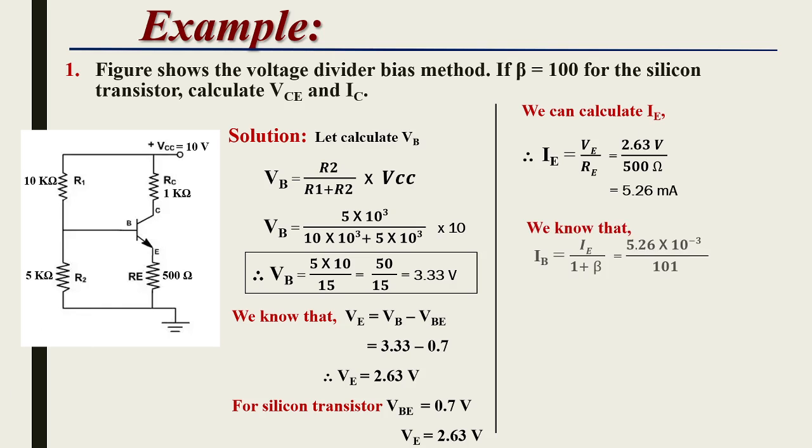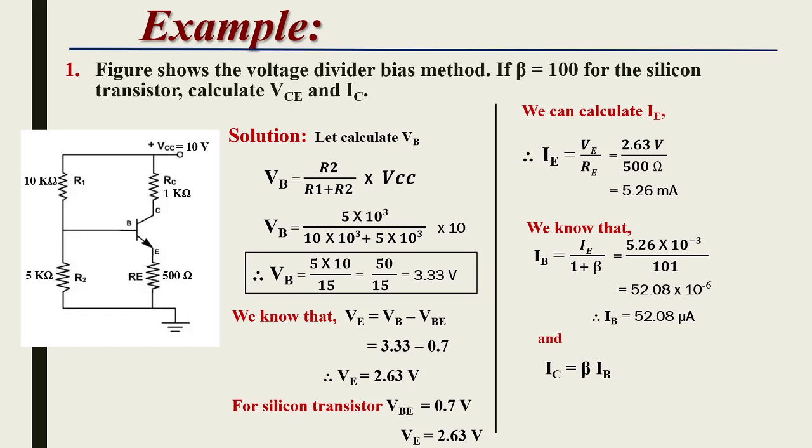Now using this IE we can calculate the input current IB, that is IE upon 1 plus beta. Here we have calculated IE, and we know the value of beta, that is 100. So we can calculate the input current IB as 52.08 into 10 raised to minus 6 ampere, or 52.08 microampere. IB is very small and it is always in the microampere range.